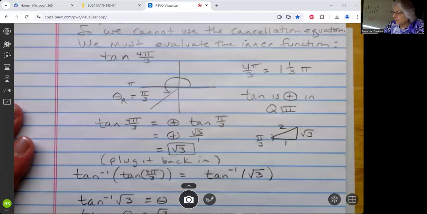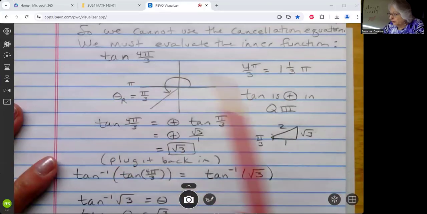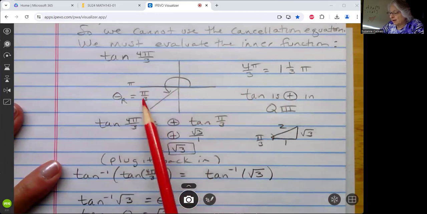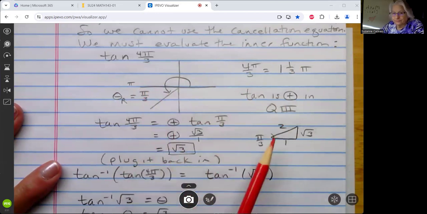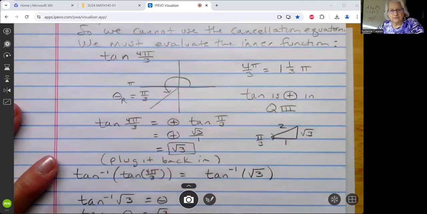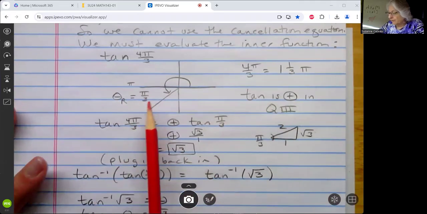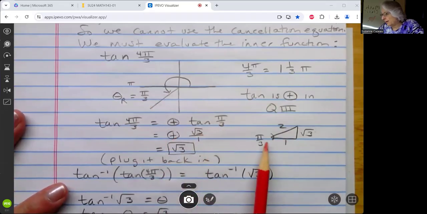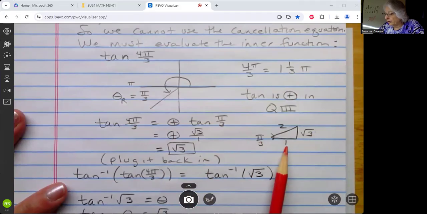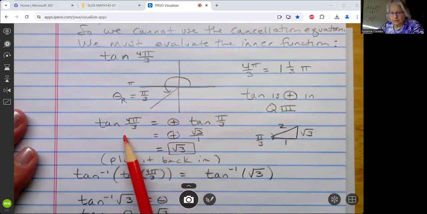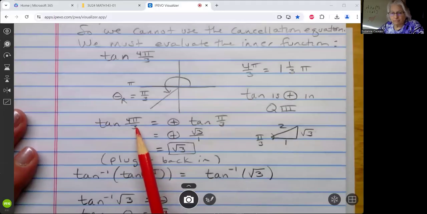Tangent's positive in quadrant 3, so this is equivalent to a positive tangent of pi over 3. I know that triangle, and the tangent is √3 over 1. So tangent of 4 pi over 3 is √3.